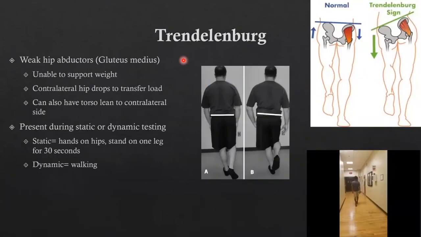What you'll also see in individuals that have weak hip adductors is the Trendelenburg gait. And this gait is usually characterized as the contralateral hip dips to transfer force. It's doing that because the weak musculature is unable to support their own weight.